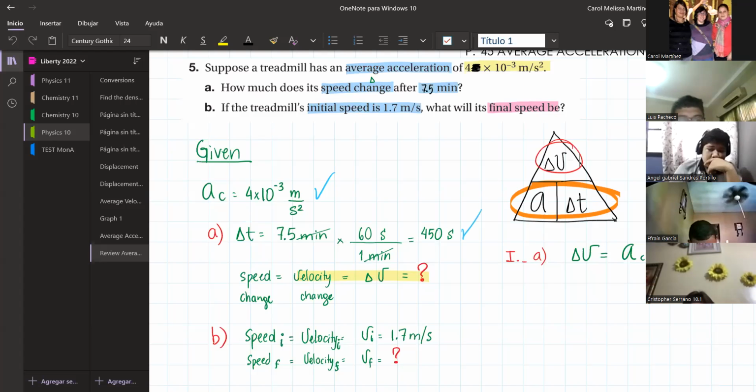So all we do is substitution. So we say acceleration, that is 4 times 10 to the negative third power meters over second squared, multiplying the time, that is 450 seconds. So one of these seconds is going to be canceled with one of these seconds.